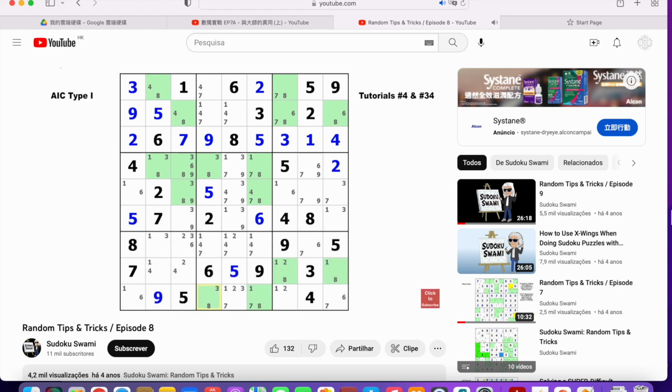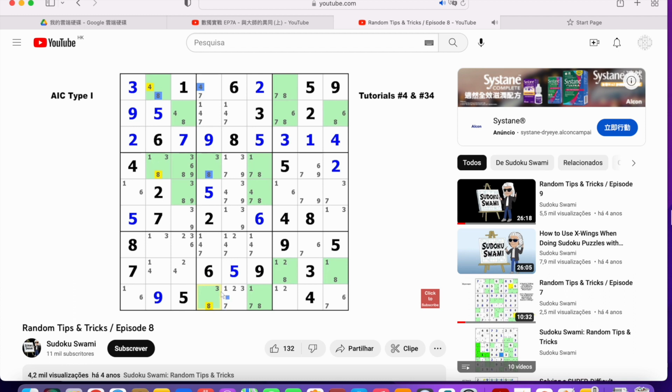So let's go back and highlight the 4s. And we're going to start here on this 4 up here in row 1, column 4, and make a strong link to this 4. Then weak to the 8. Now let's highlight the 8s. We've got a strong link down to this 8, a weak link to this 8, and a strong link to that 8. Okay?